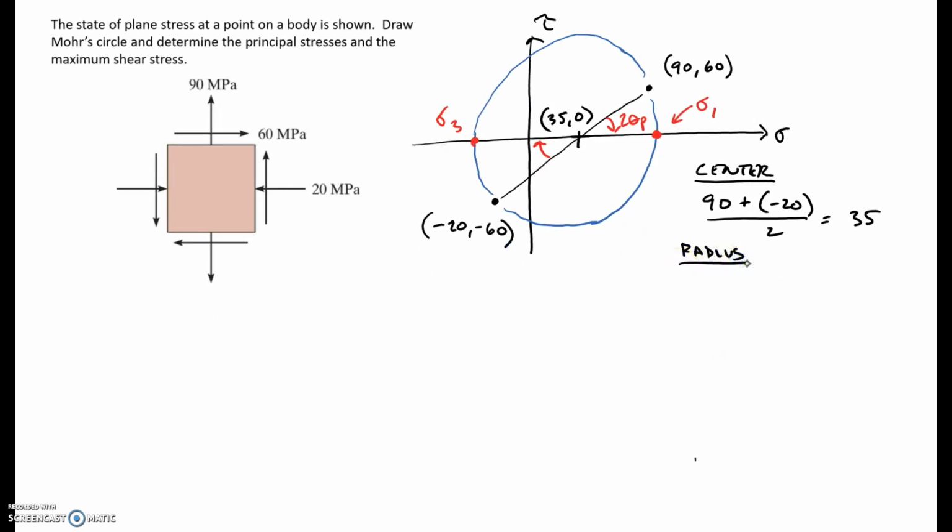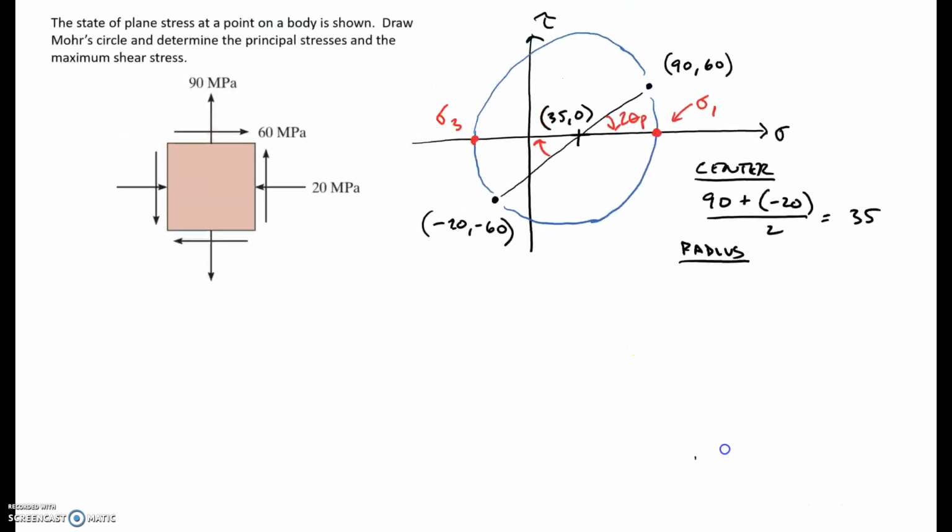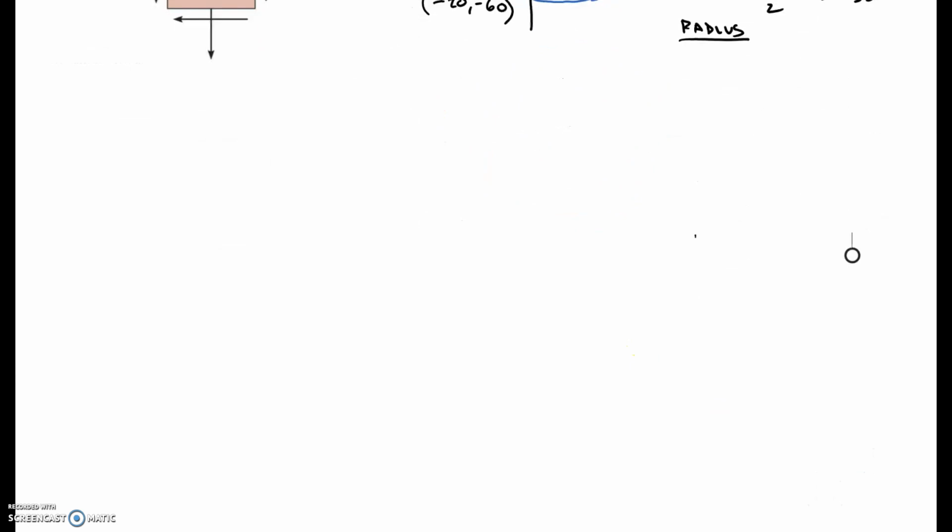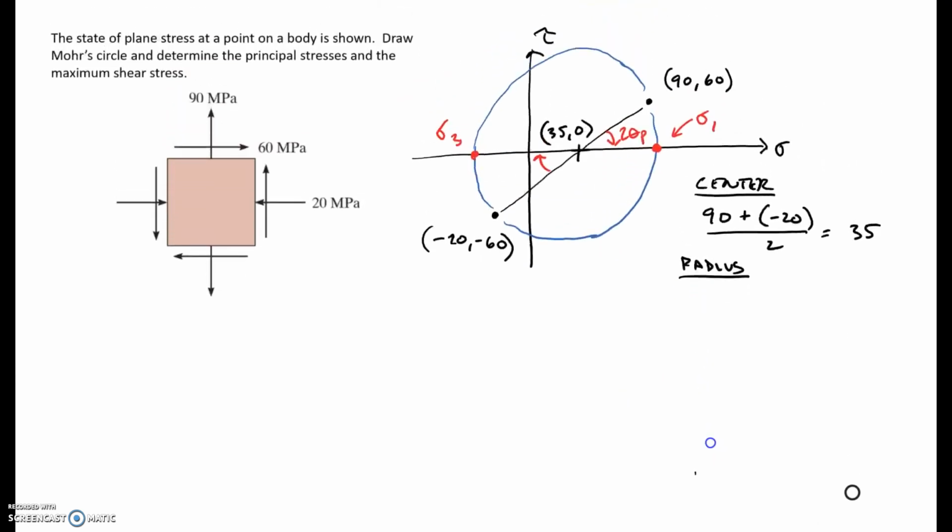If we take a look at the triangle formed between the radius, if we drop a straight line down from our coordinate 90, 60, and then we look at the x-axis, the hypotenuse is the radius up here. The vertical leg is going to be the y-coordinate of 60.